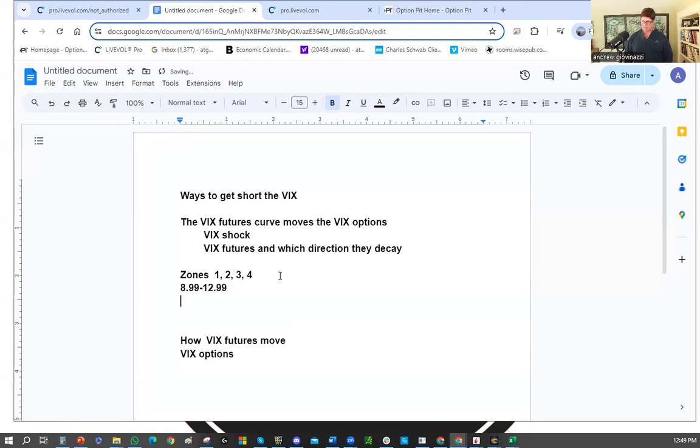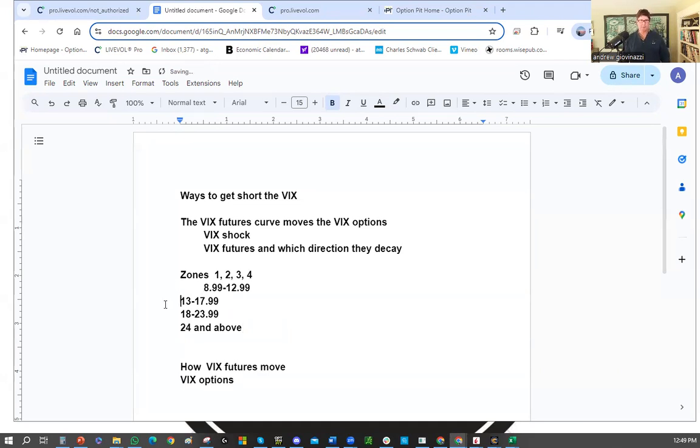That's one quartile, and you've got 13 to 17.99. It's the second quartile, and you have 18 to 23.99. That's the third quartile. And then you have 24 and above. Okay, so there's your 1, your 2, your 3, your 4.